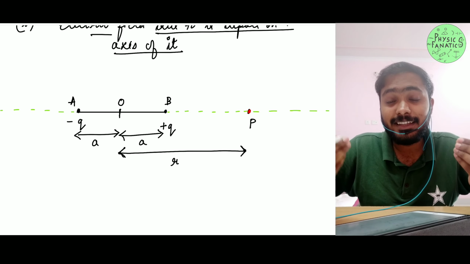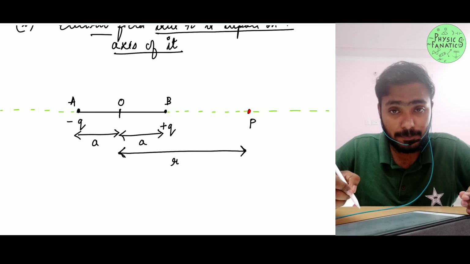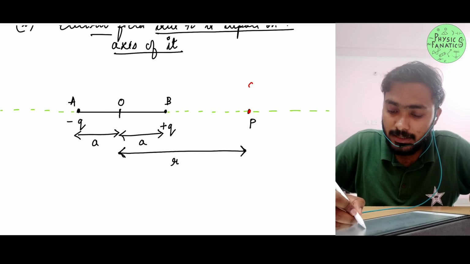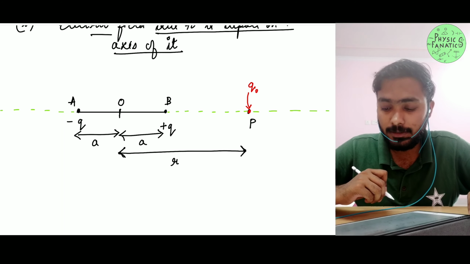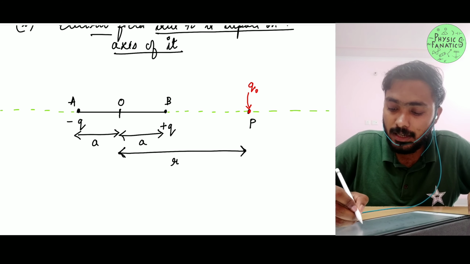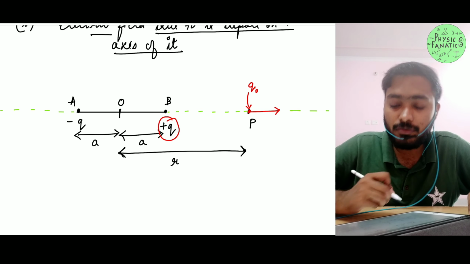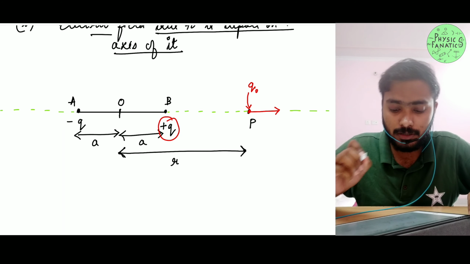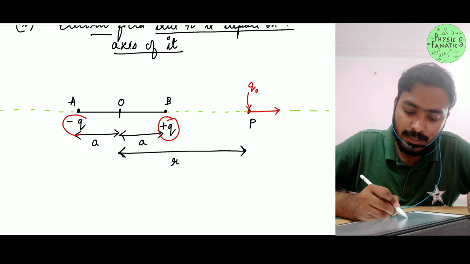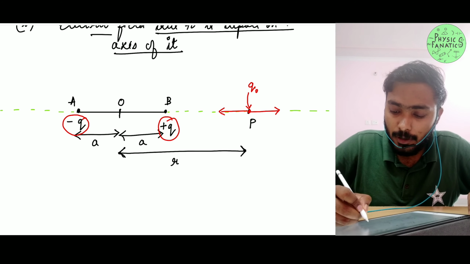The basic thing is that you bring a test charge and place it at P. So I'm going to bring a test charge q naught and place it over here. This test charge q naught is going to experience a repulsive force in that direction because of the positive q charge. Also it is going to experience an attractive force in that direction because of the minus q charge.